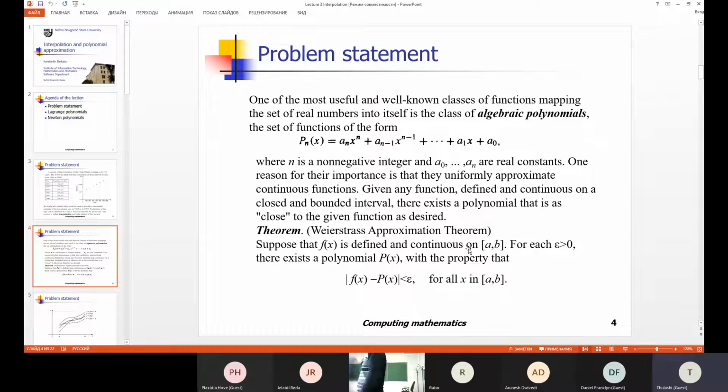How many coefficients are there in this polynomial of degree n? How many coefficients should we write for a polynomial of degree n?